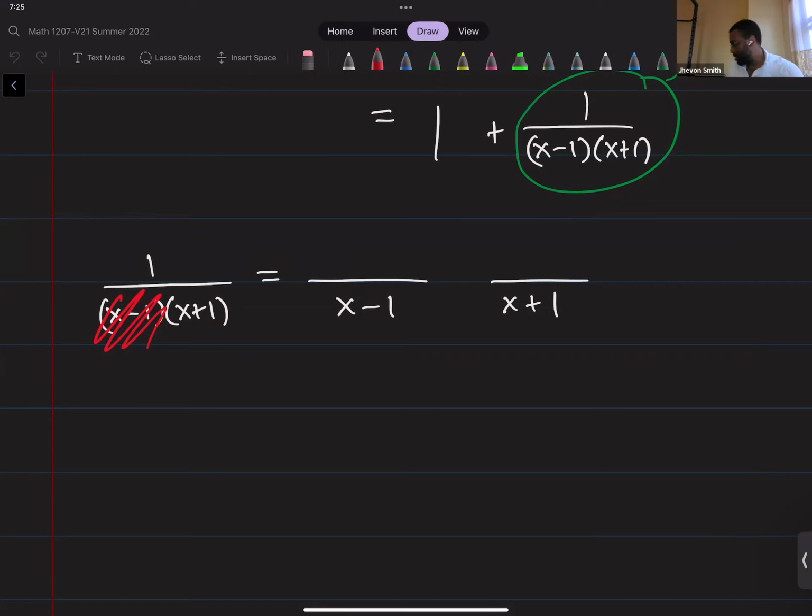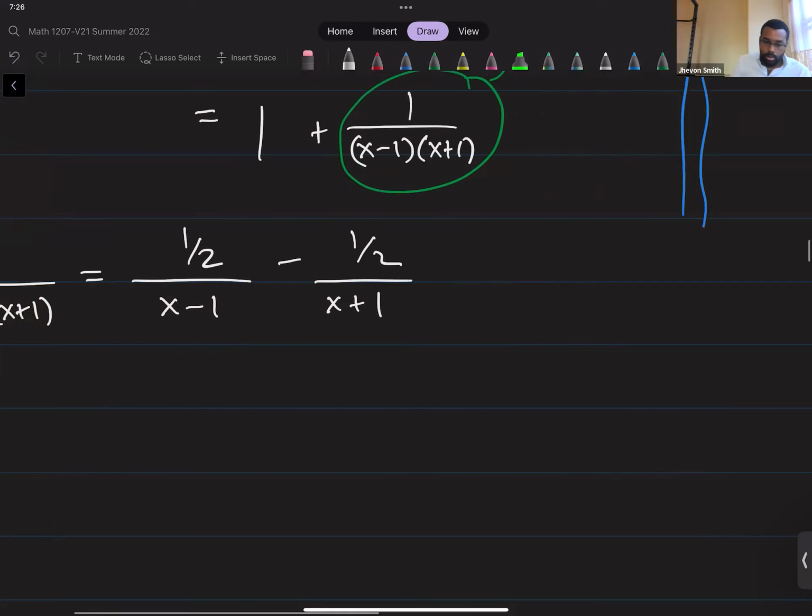Then you would get a half as the answer. And so that's what goes on top here. Then I would cover up the x plus 1, plug in x equals minus 1, because that's what would make that 0. The answer would be minus a half. So that's it.